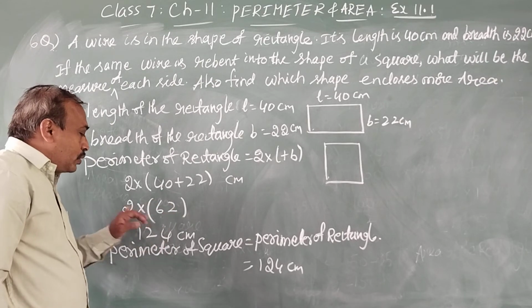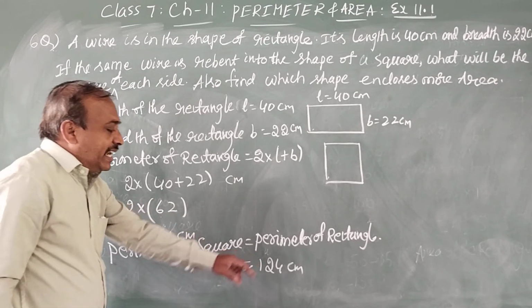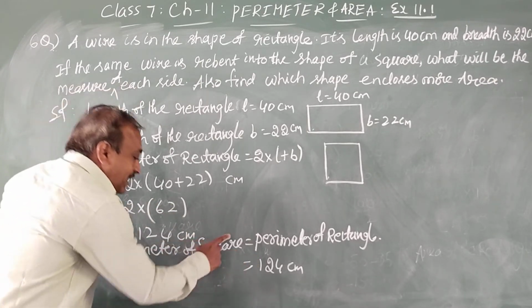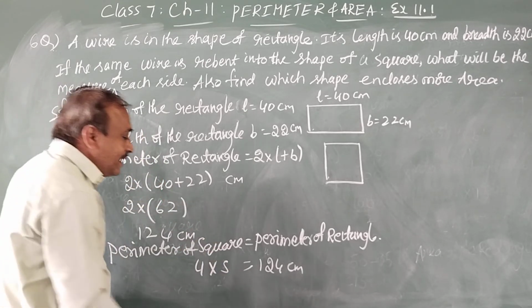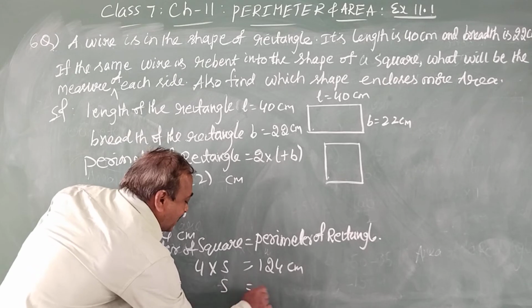2 twos are 4, 2 sixes are 12, so 124 centimeter. Perimeter of the square is 4 into S. So we need to find out the side.